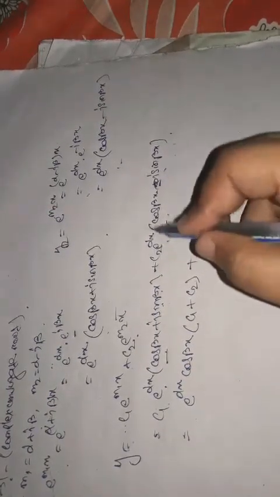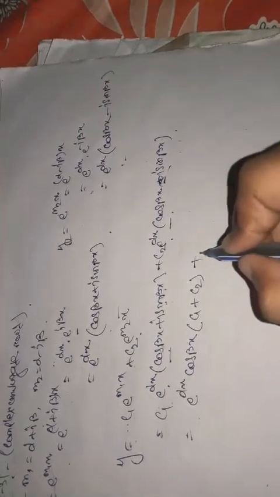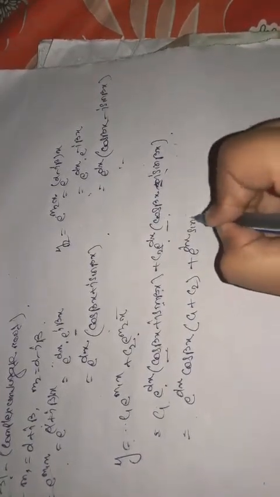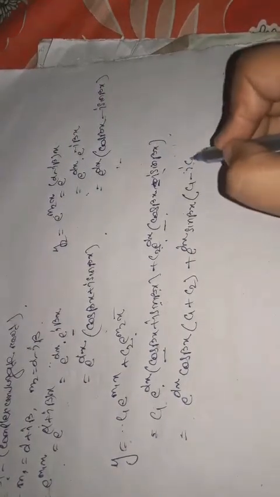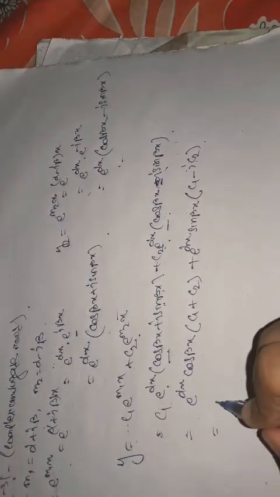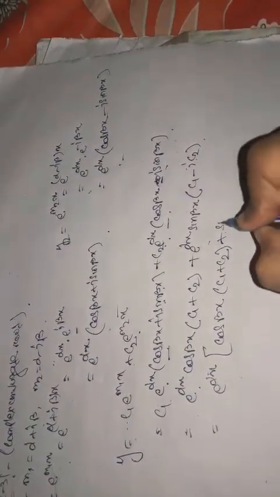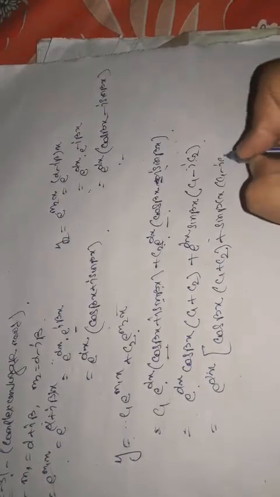So here c1 plus c2, and also e to the power alpha x sin beta x is taken common, then here c1 minus i c2. So in both terms e to the power alpha x is the same, so taking e to the power alpha x common, we get cos beta x (c1 plus c2) plus sin beta x (c1 minus i c2).